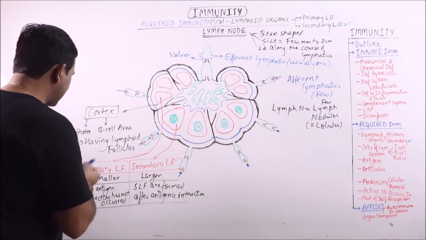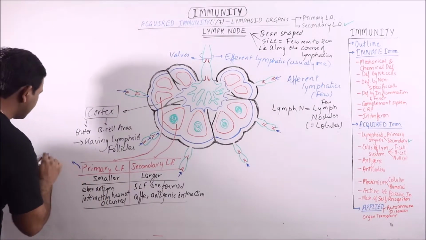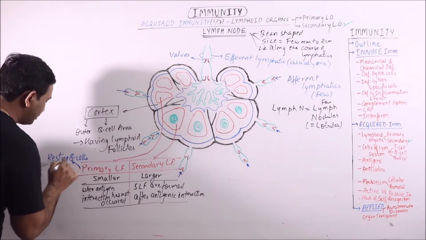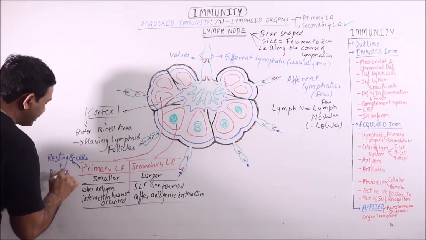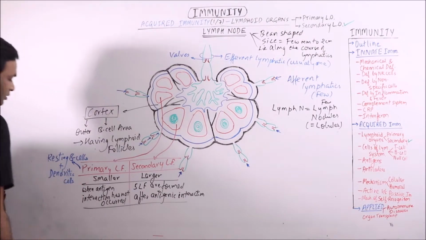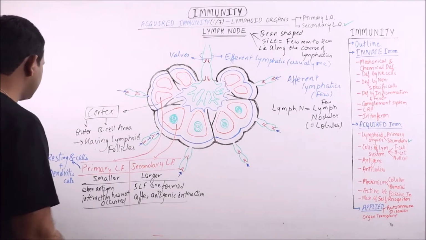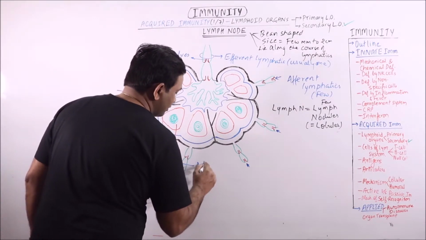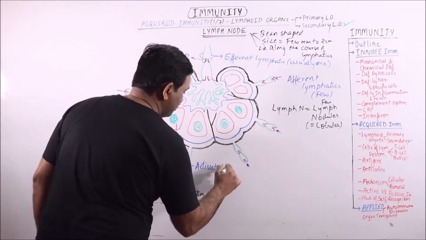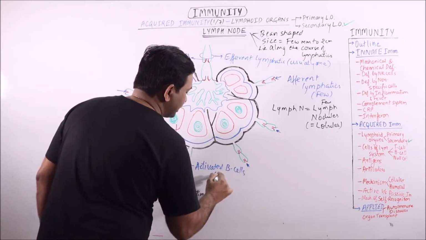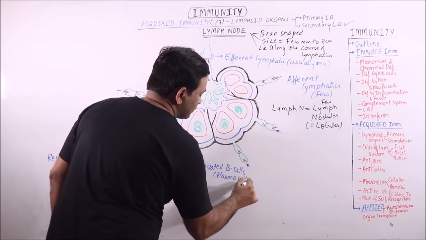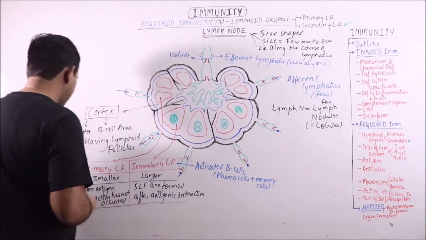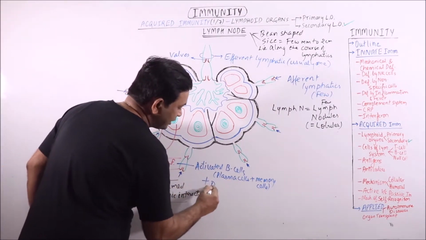These primary lymphoid follicles are having resting B cells and dendritic cells. These capture and process the antigen, while the secondary lymphoid follicles are having activated B cells, that is plasma cells and memory cells. In addition, dendritic cells are also there.